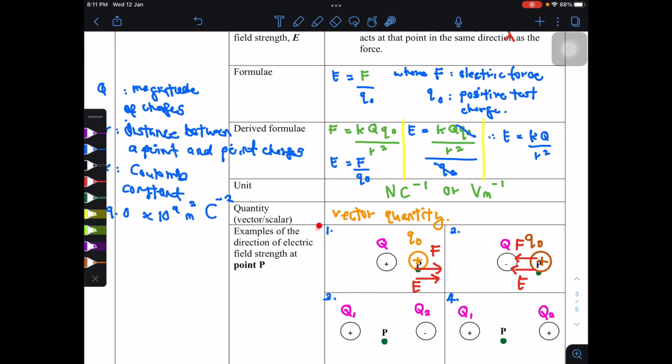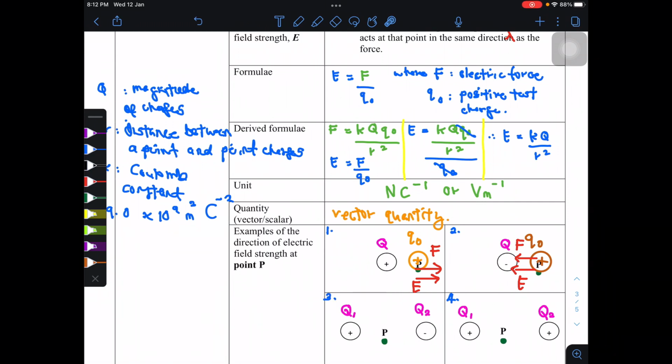Okay class, so example number 1 and number 2 are examples where we have a single point charge, where we have the point P, and at the point P you locate the positive test charge. Now let's move to example number 3.